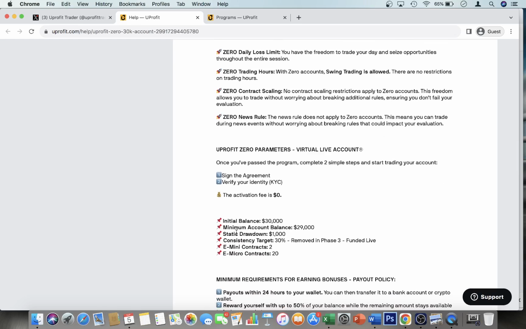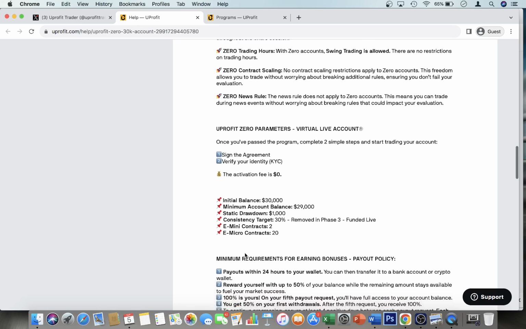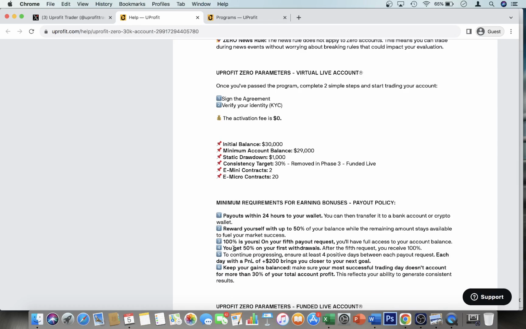I think this is almost there as being one of the best prop evals out right now. I think they could get a lot better by removing the consistency rule either in the eval stage or in the funded stage. I don't think it requires both. I also don't think it requires a consistency rule that's percentage based when they have the minimum days requirement where you have to get a certain amount of profit every single day for 4 positive days, right?